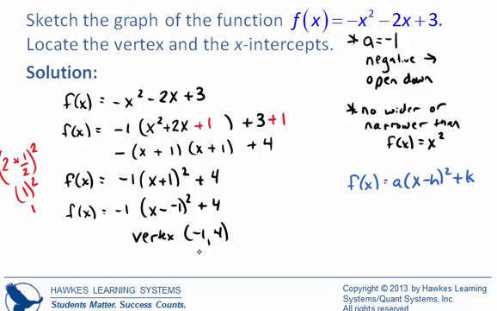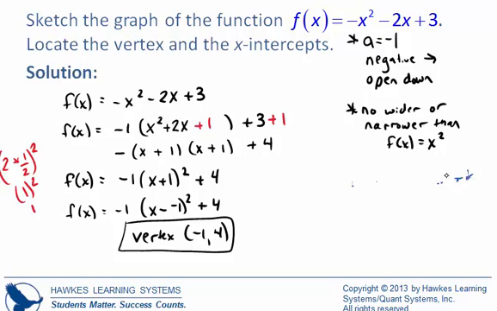The problem also asks me to find the x-intercepts. So let's do that as well. So how do we find the x-intercepts of a problem? To find the x-intercepts, remember that you're going to set the y value equal to 0.